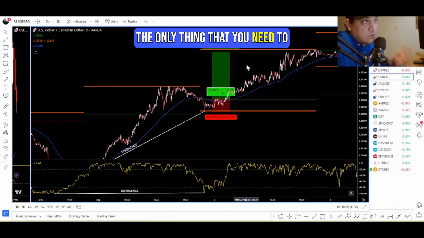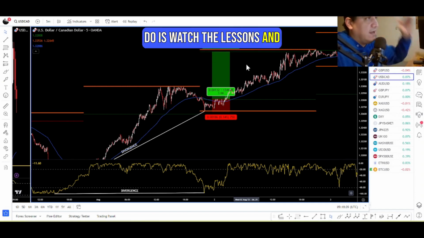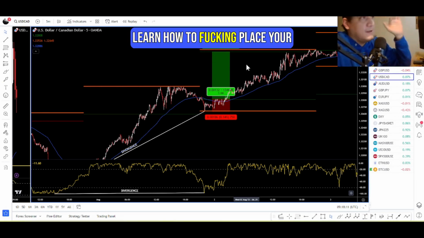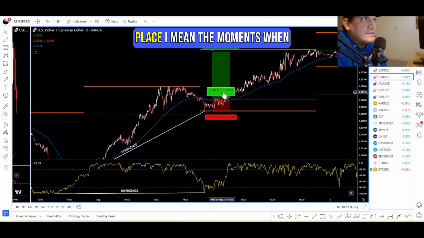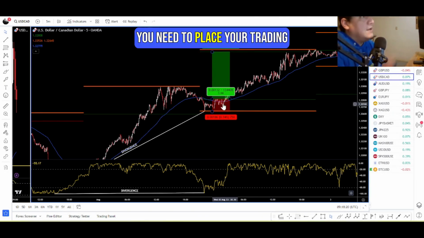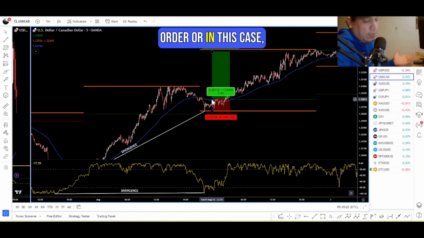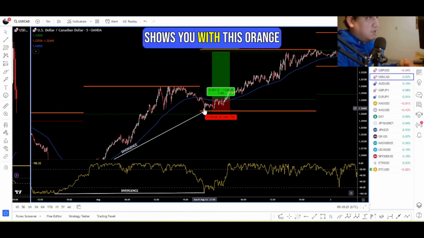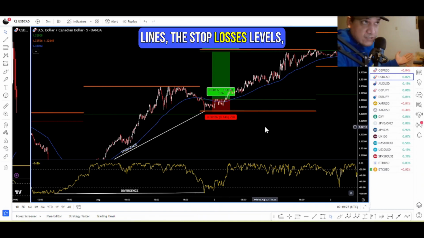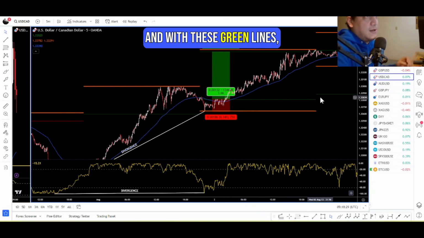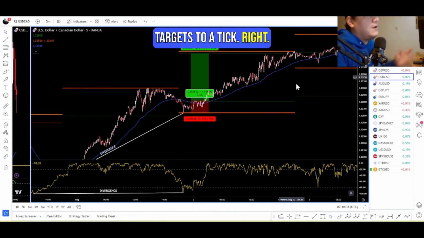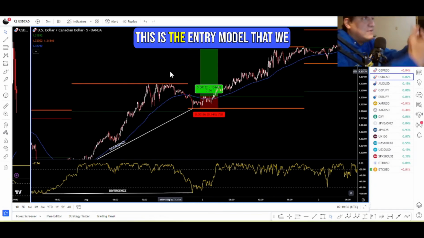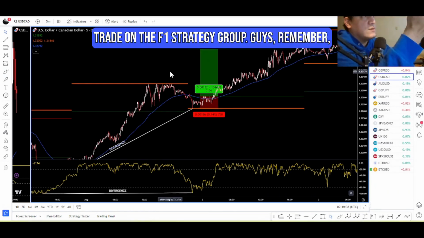The only thing that you need to do is watch the lessons and learn how to place your entries and how to look for setups, because this indicator shows you the moments when you need to place your trading order, or in this case, your buy stop. It shows you with these orange lines the stop loss levels, and with these green lines, your targets, and price hits the targets to a tick, right? This is the entry model that we trade on the F1 Strategy Group, guys.